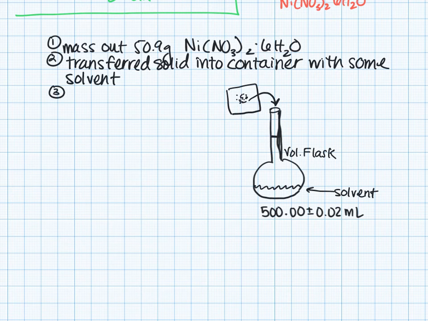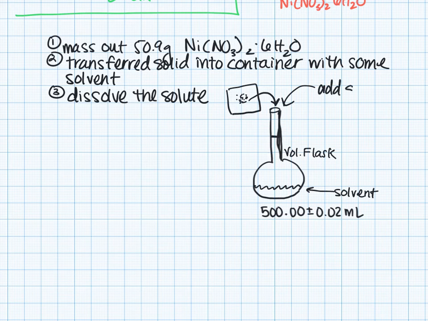Then I'm going to dissolve the solute. And you're going to add solvent as is necessary to get any remaining residue off of the neck of the volumetric flask. Okay, so I'm actually going to make sure it goes all the way down to the bottom and then it's completely dissolved.